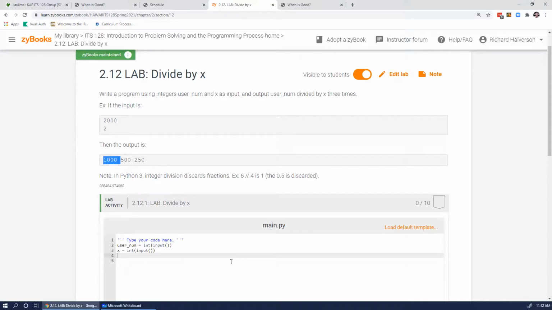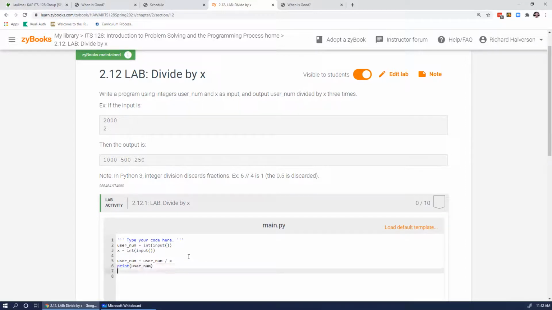So I'm going to say user num equals user num divided by x, and then I'm going to print user num.